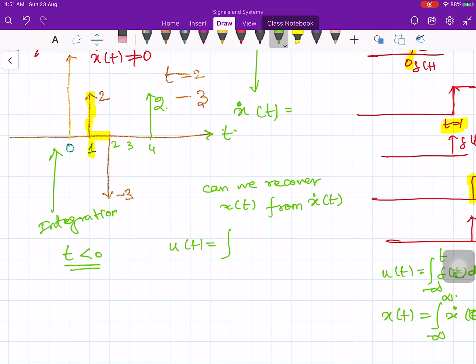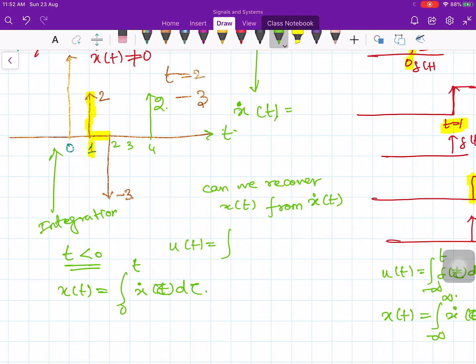Then x of t is the integral of 0 to t of x dot of tau d tau.